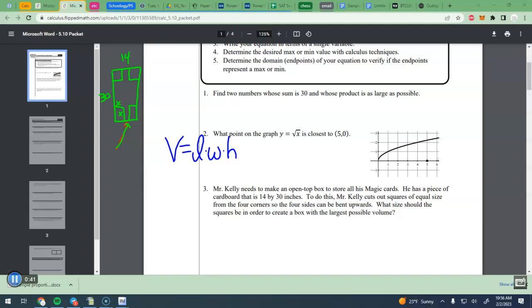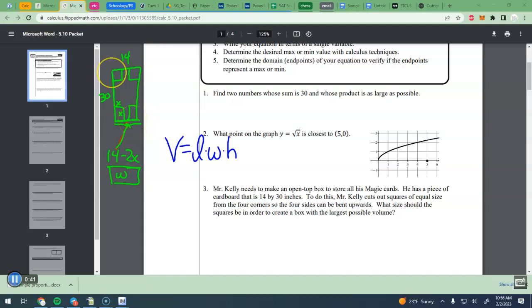I cut out x from this side, and I cut out x from this side. So what's left over is 14 minus 2x, isn't it? 14 minus x minus x. So that's this length. This is your width. You had 14, and then you subtracted x, subtracted x.